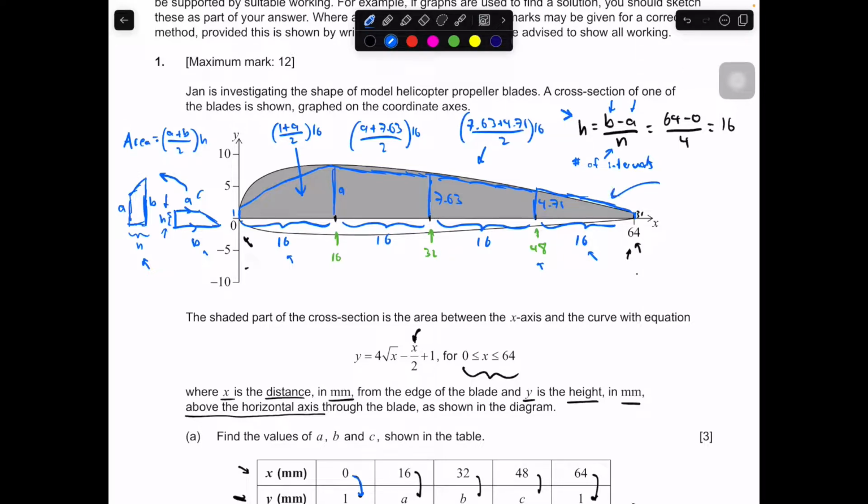And this last one, running out of space a little, 4.71 plus 1 over 2 times 16. And if you were to add each of these up, so this plus this plus this plus this one over here, you would get that same 357. It just takes a little longer.